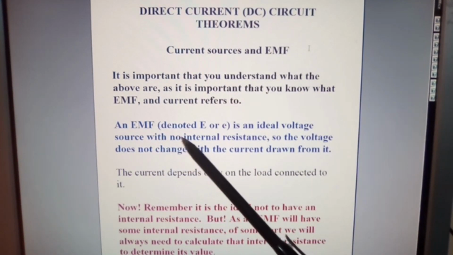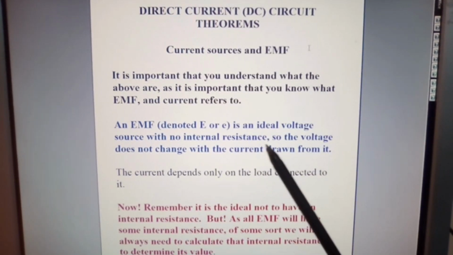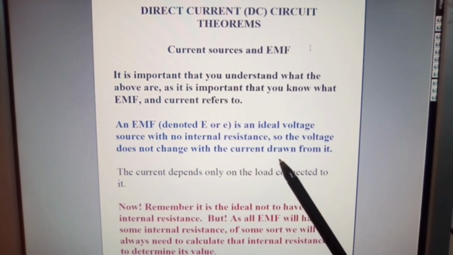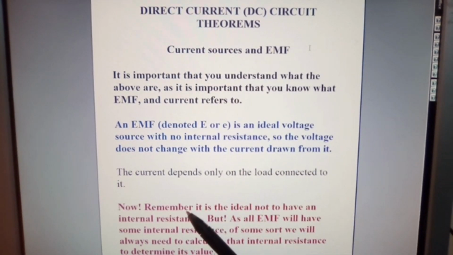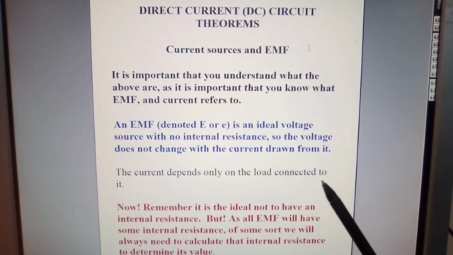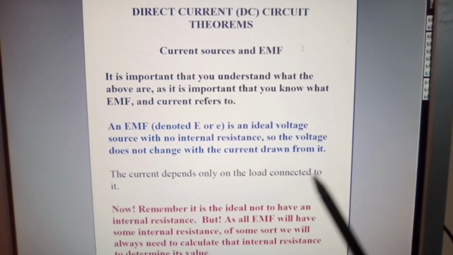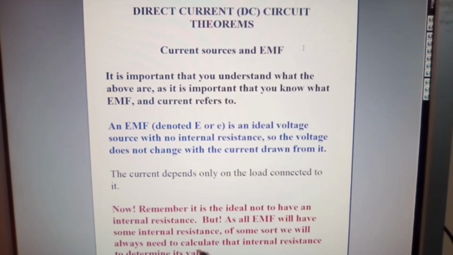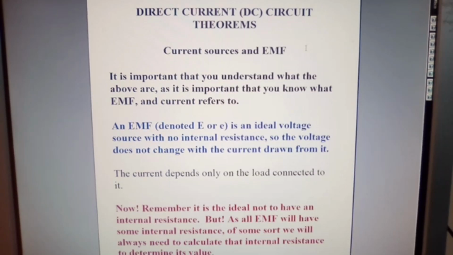An EMF, denoted E, is an ideal voltage source with no internal resistance, so the voltage does not change with the current drawn from it. The current depends only on the load connected to it.